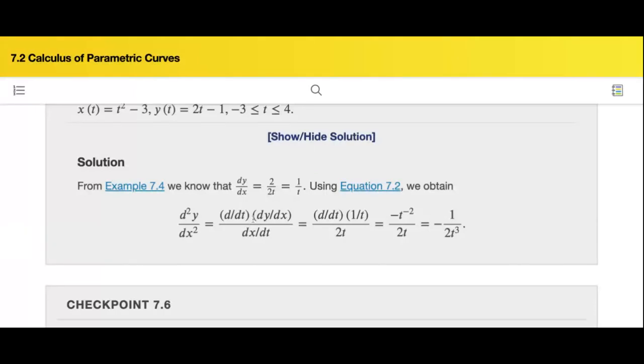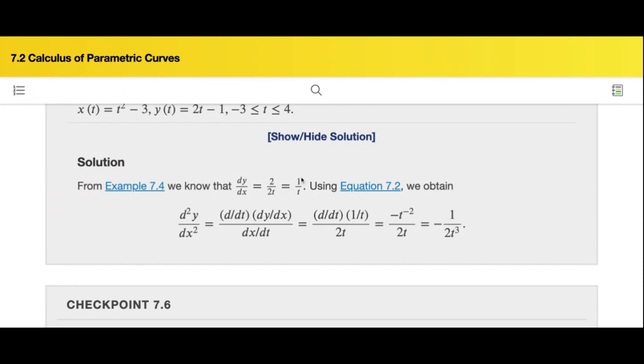So d/dt of dy/dx, divided by dx/dt. We're treating this dy/dx as a function of t, then we take a derivative of it. The derivative of 1 over t is negative 1 over t squared.